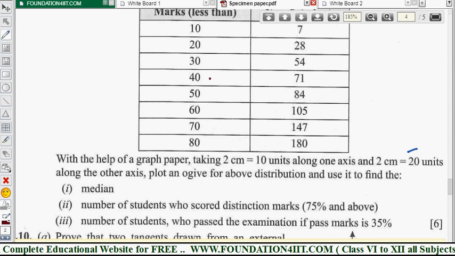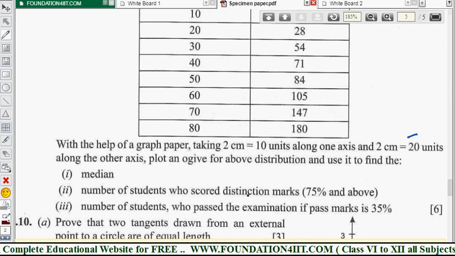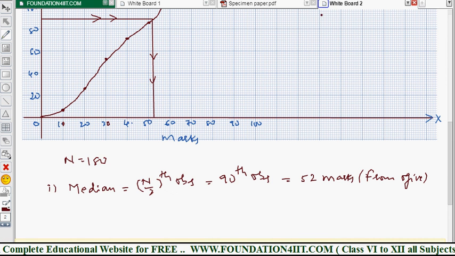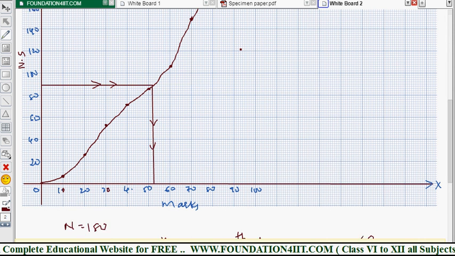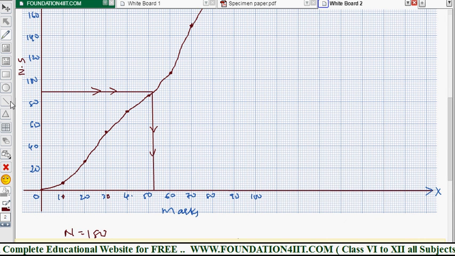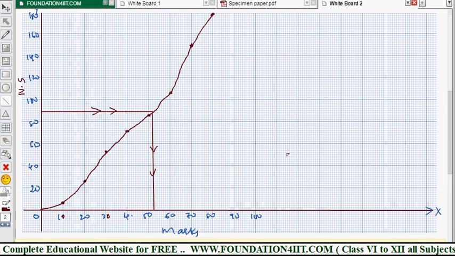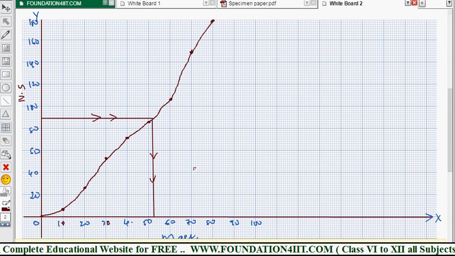The first was the median. Next, number of students who scored distinction marks means 75% and above. So from the ogive, from 75, just take a line upwards.